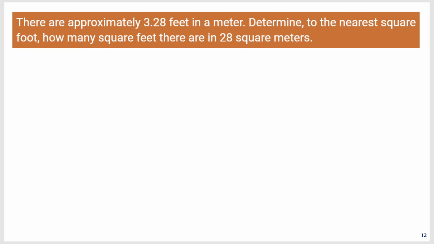So basically we wish to convert 28 square meters into square feet, right?